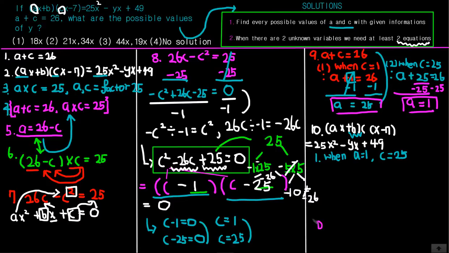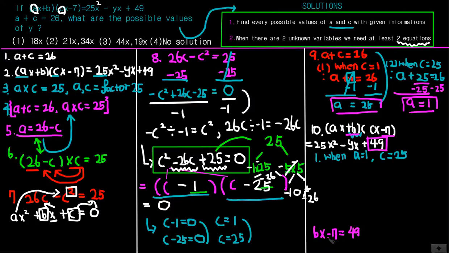We know that b times negative 7 gives us positive 49. So positive b times negative 7 gives us 49. All you have to do is divide both sides by negative 7.